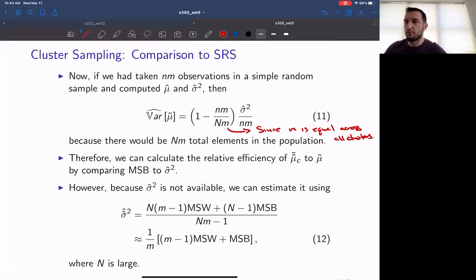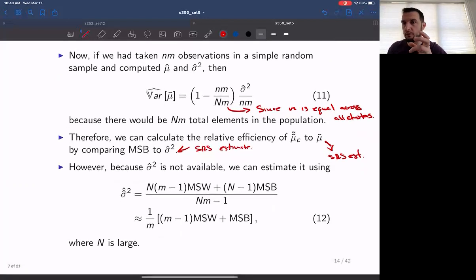So if we wanted to compute the relative efficiency of mu double tilde C to mu tilde, which is our SRS estimate, what we can do is compare the MSB from our declarations given above to sigma hat squared, which again is the SRS estimate.